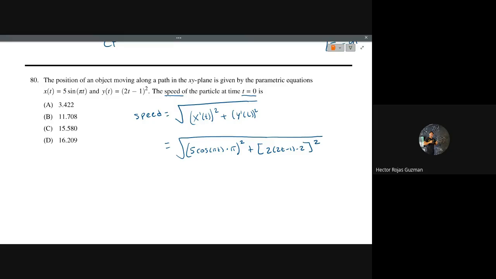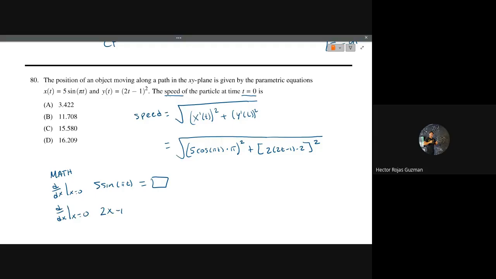What you could do is take the derivative for x of t individually, of 5 sine of pi t. Get whatever decimal you get. Do the derivative for the other function, 2x minus 1.